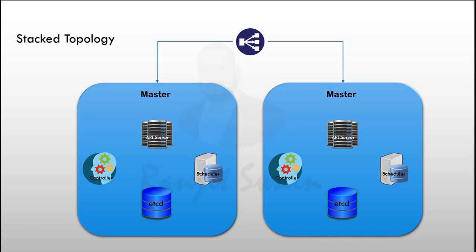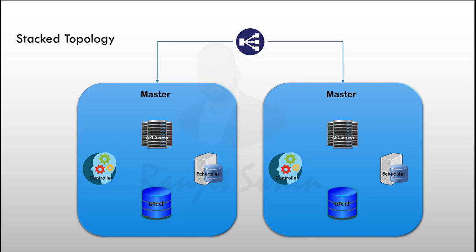What we do normally, for high availability of the etcd database, is create multiple masters, right? If one master goes down, there will be another master available to handle the deployments, to manage the nodes or pods, right?